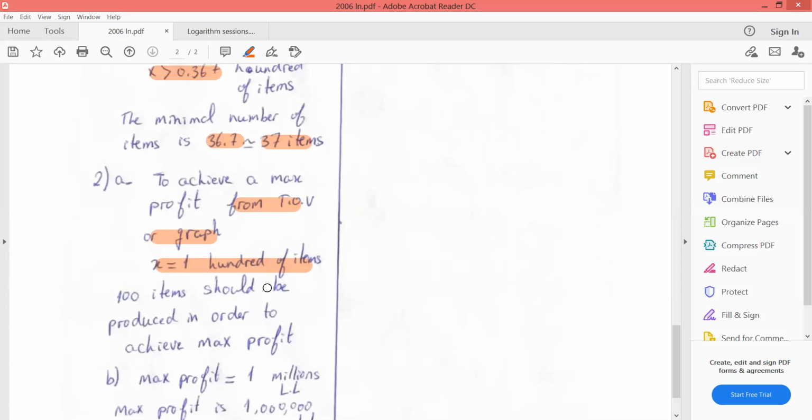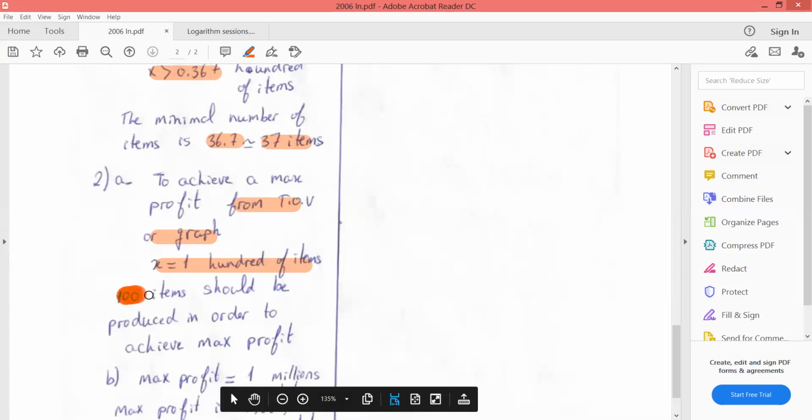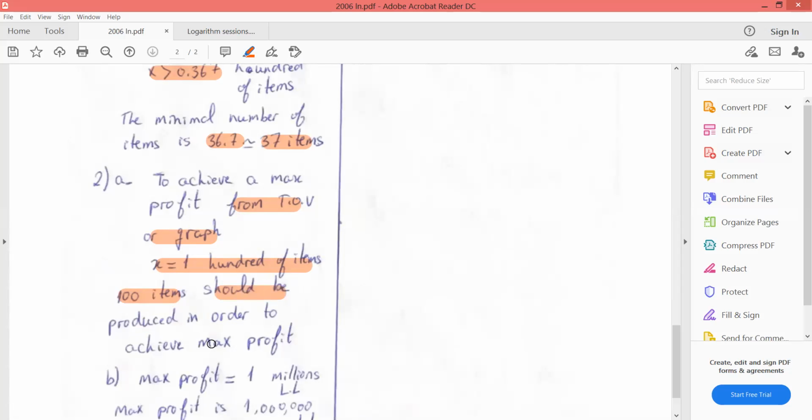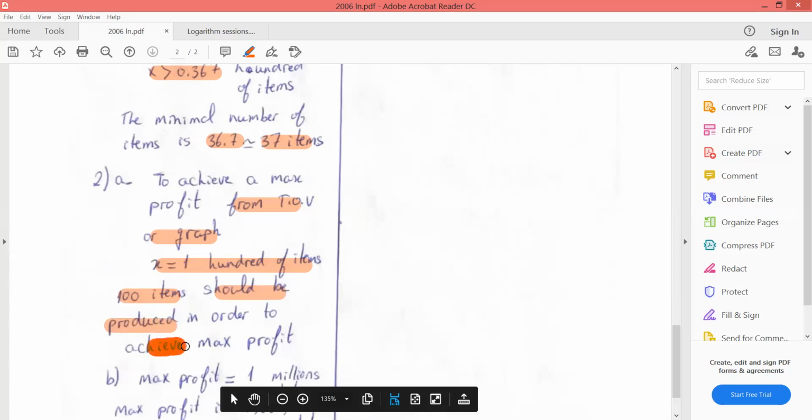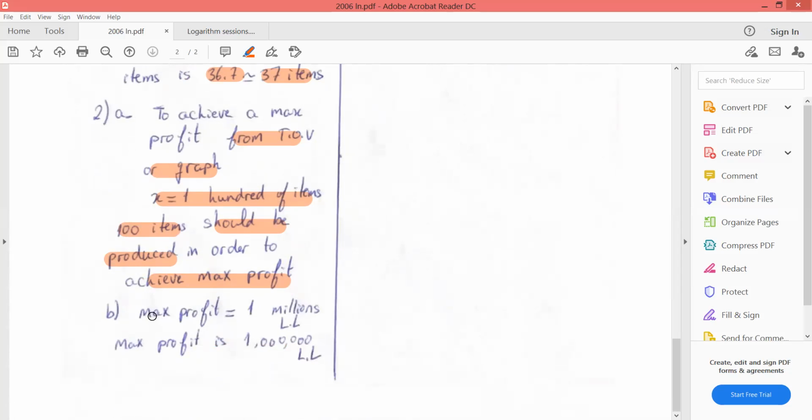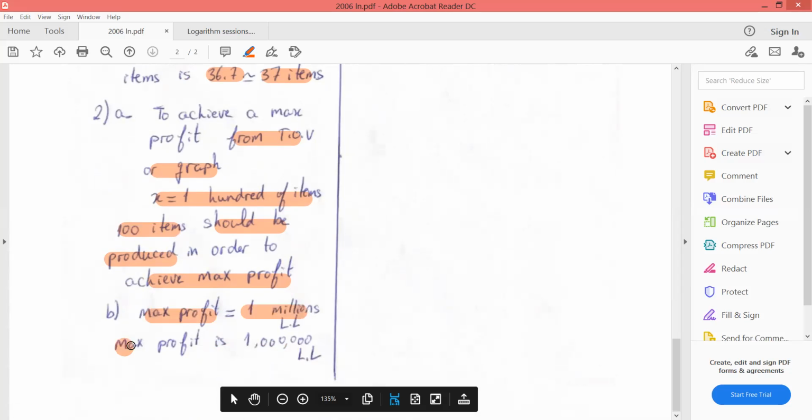So 100 items should be produced in order to achieve a maximum profit. And from the graph or from the table of variation, the maximum profit, part B, is equal to 1 million Lebanese lira.